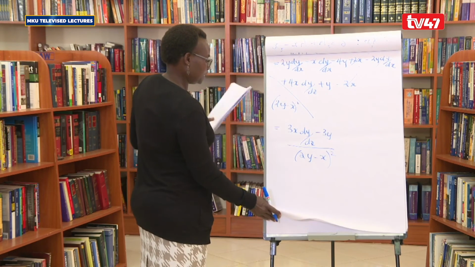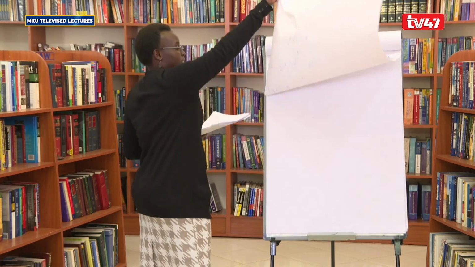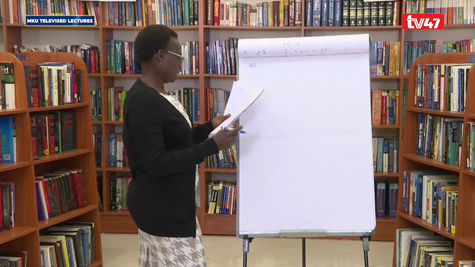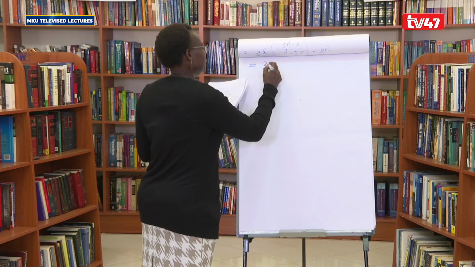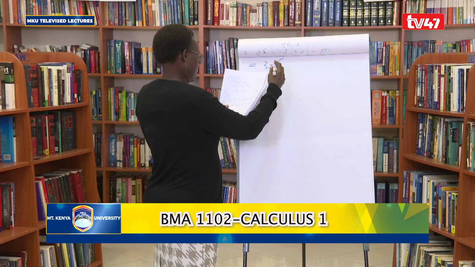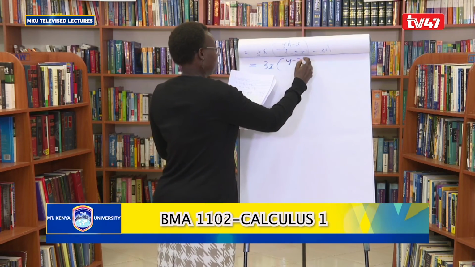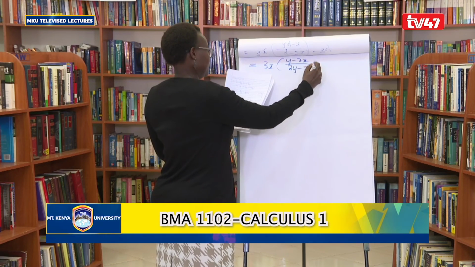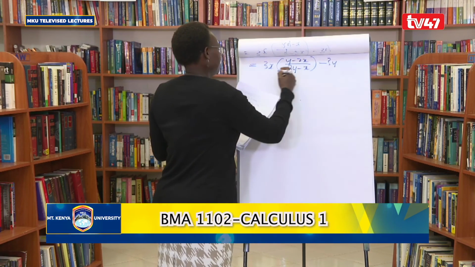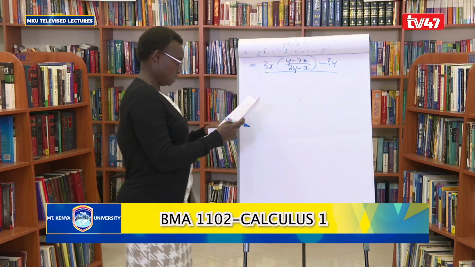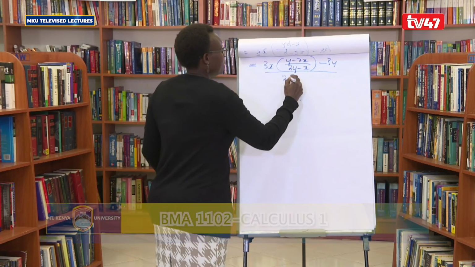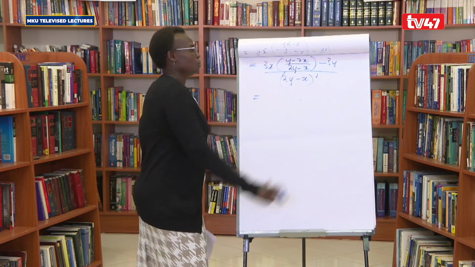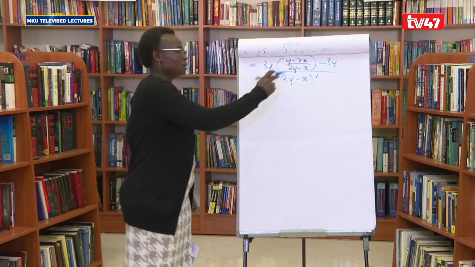So then we insert the value of dy over dx. We know that from our first step, our dy over dx was y minus 2x over 2y minus x. So we are subtracting 3y, and it is all over 2y minus x squared. So next, we open up this bracket and deal with the fraction.